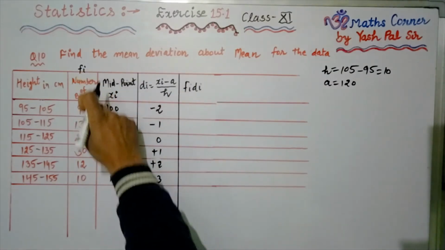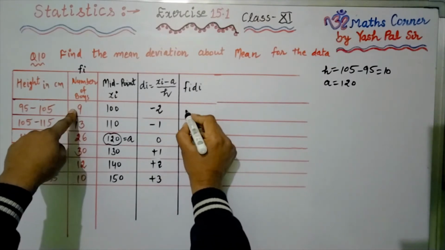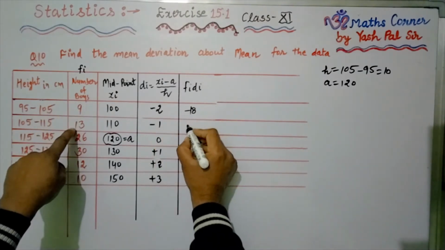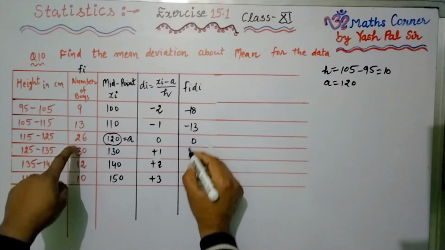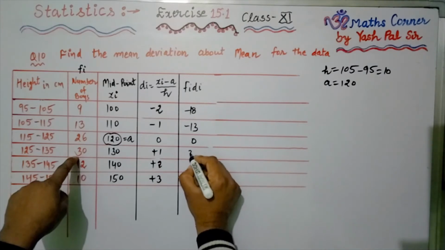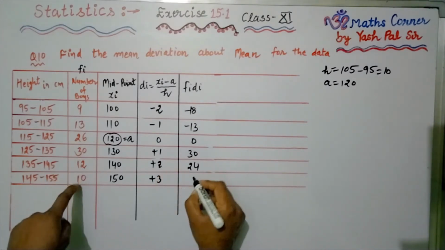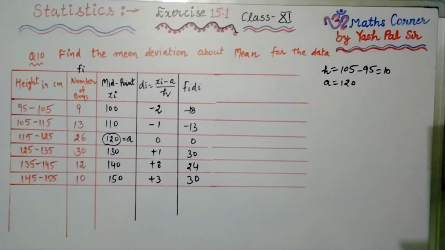Now we find fi di. This is fi and this is di. 9 into minus 2 is minus 18. 13 into minus 1, minus 13. 26 into 0. 30 into 1. 12 into 2. 10 into 3.